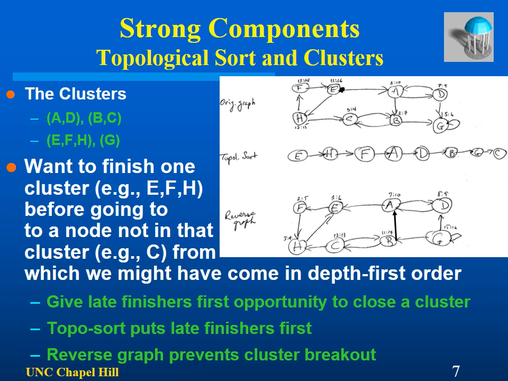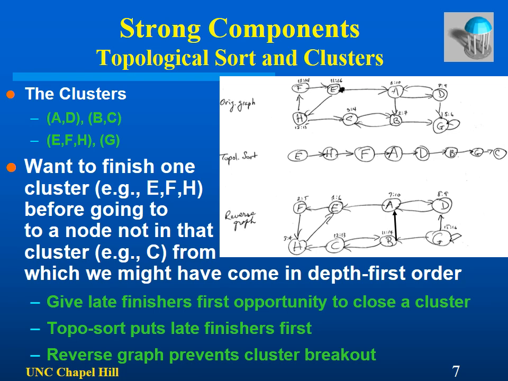C's only other place to go is H, which has been closed. So we just close C at time 13 and backtrack to B at time 14. And we're done with this. So each time we jump, we finish off something and have to start a new place, we are starting a new cycle.